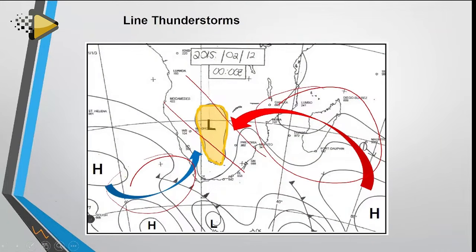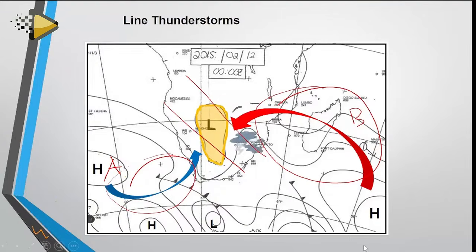Now, how do we differentiate between these two air masses? We differentiate them according to their moisture content. So we're saying this air mass is cold and dry. This one is warm and moist. Sometimes an examiner can just ask you to give characteristics of air mass A and air mass B. You can just say this is warm and moist, this is cold and dry.